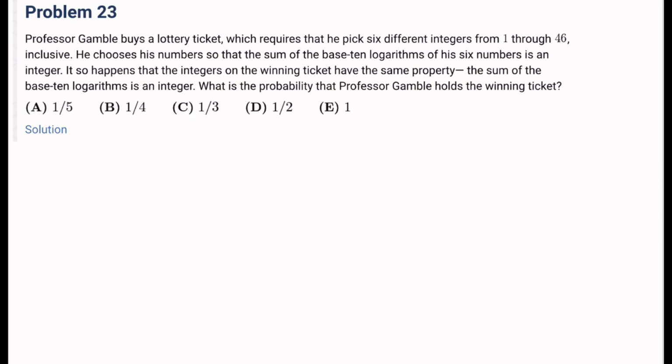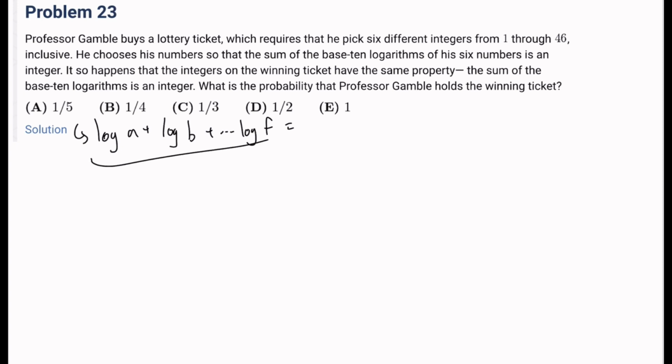Okay, so the sum of the base 10 logs is an integer. That means log of a plus log of b plus all the way to log of f, since it's 6 numbers, is an integer.